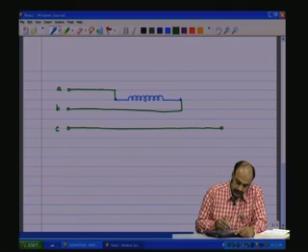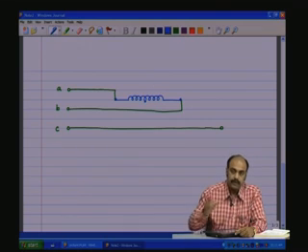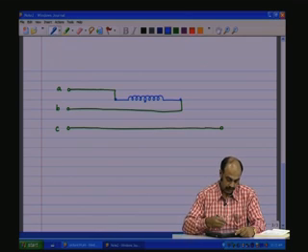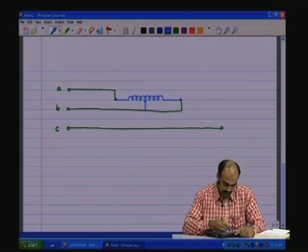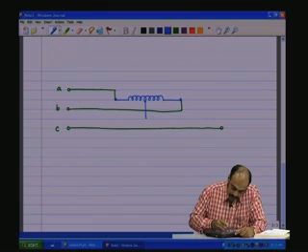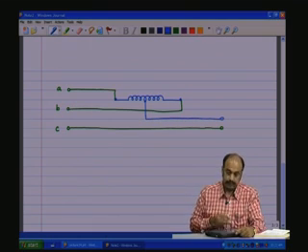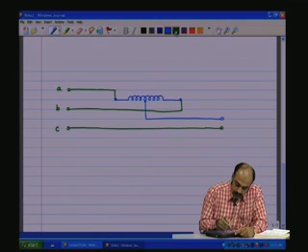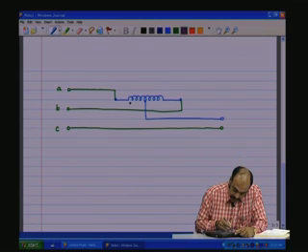Now, let us take the midpoint of this transformer and take that out. Of course, now the polarities. There is a dot here. Now, the secondary of the transformer is the other phase that we take out.